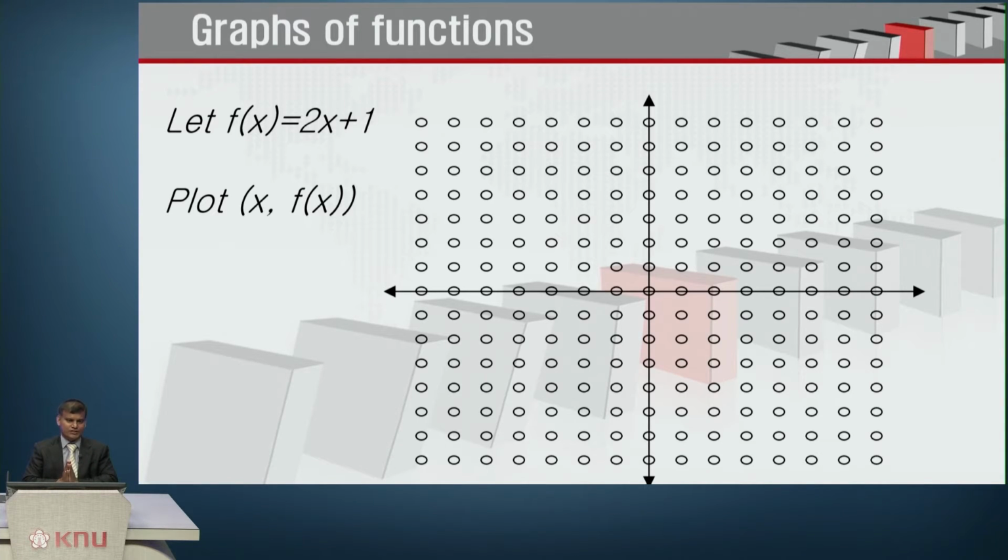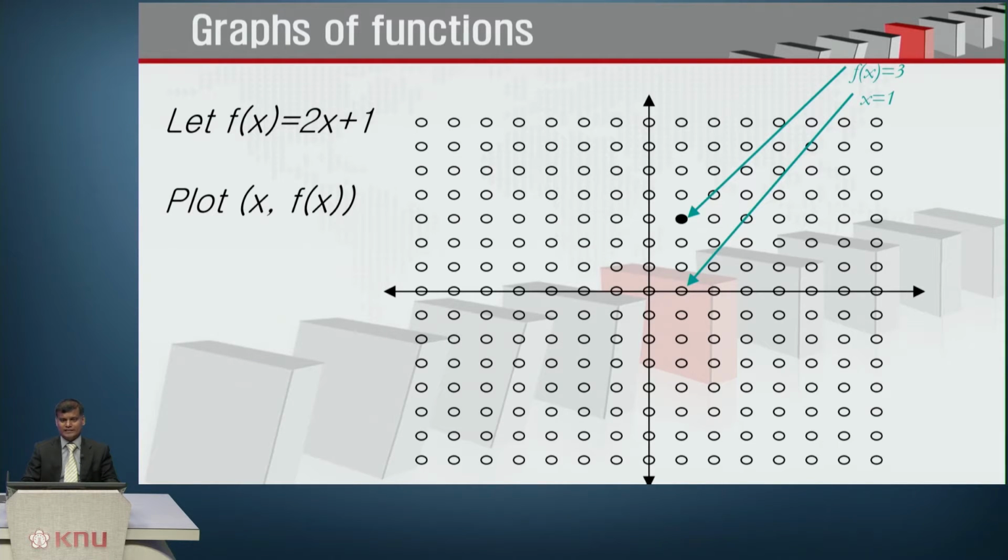Let f of x be 2x plus 1, and we are here to plot x comma f of x. If that is the case, then we have to place a value for x. So let's say if x is 1, then f of x would be 3.